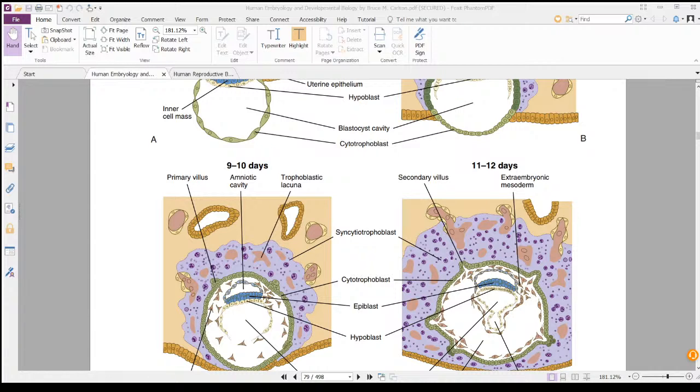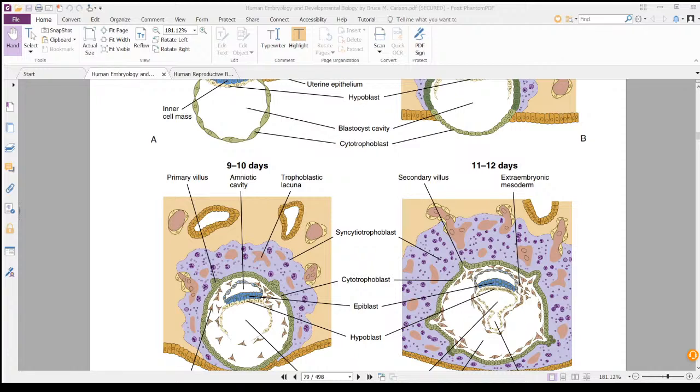the endometrial basal fibroblast-like cells, the stroma, which is the connective tissue, also swell, because they will provide the much needed glycogen and lipid. These cells are known as decidual cells.